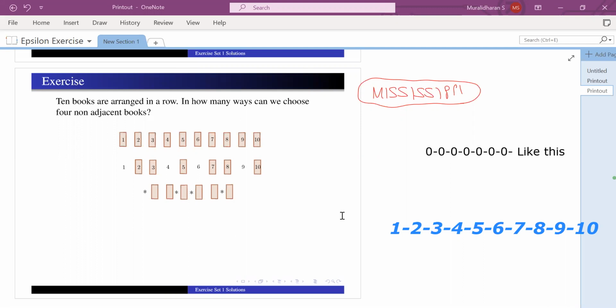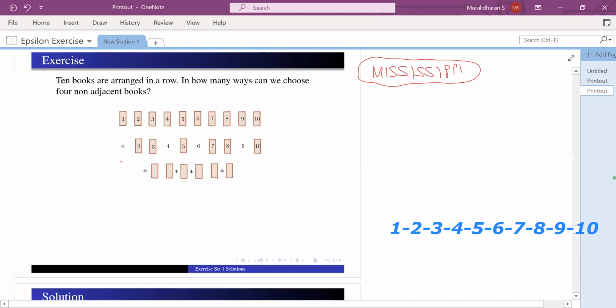See, let's look at it. Suppose I have removed 4 books from the 10 books, so that no two are adjacent. How will that row look? That row will have a gap here, a gap here, a gap here, and a gap here. That means I will have 6 books remaining.